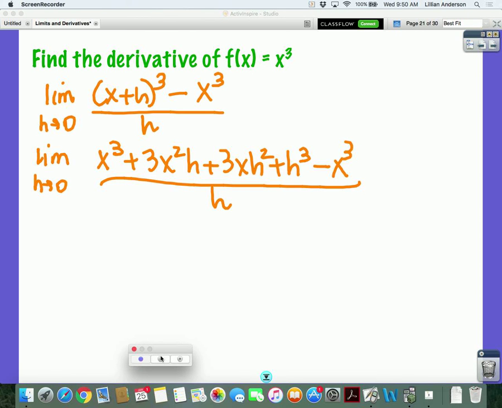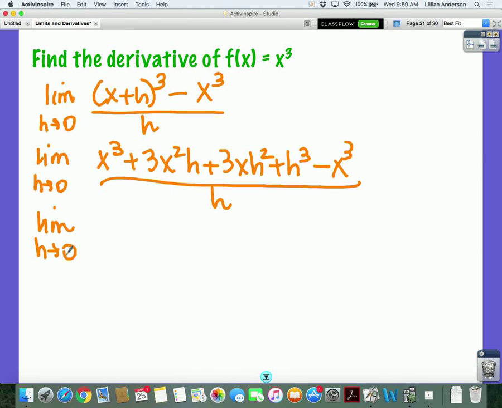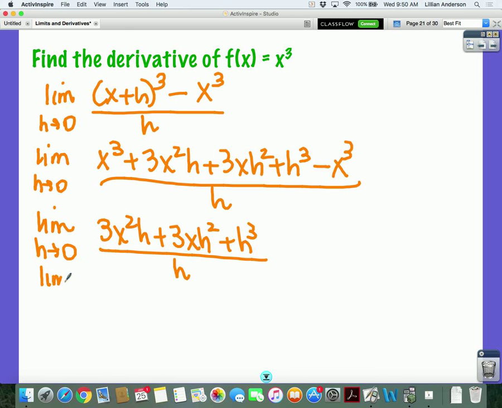Alright, so from here, we can see some things should cancel out, and it should be everything that doesn't have an h. So that's x cubed and negative x cubed. So we're left with 3x squared h plus 3x h squared plus h cubed all over h. We can factor out an h.